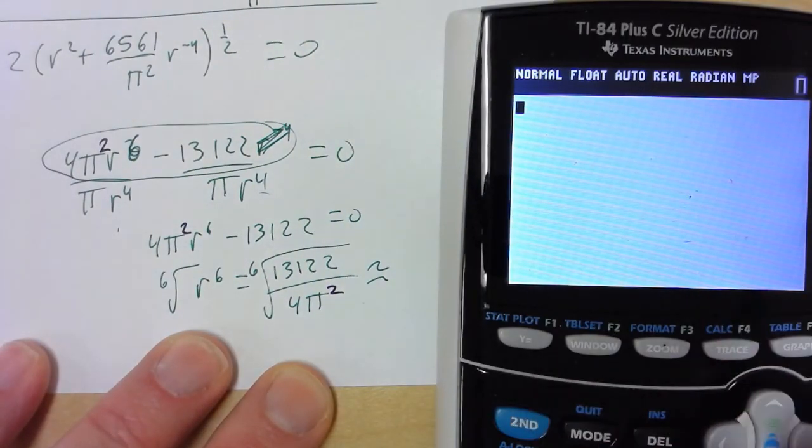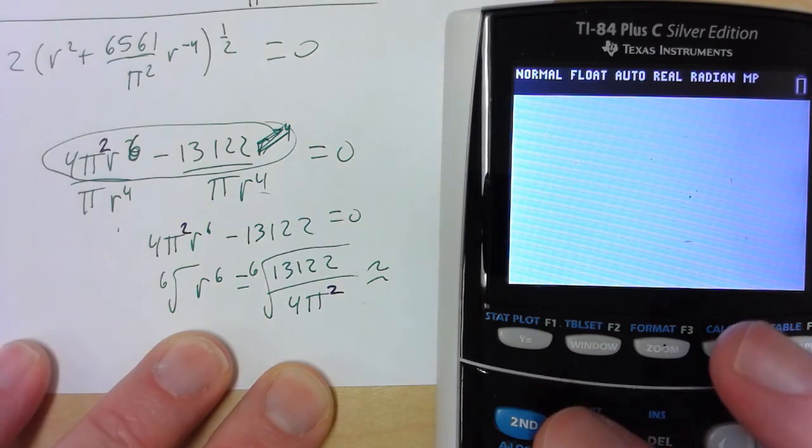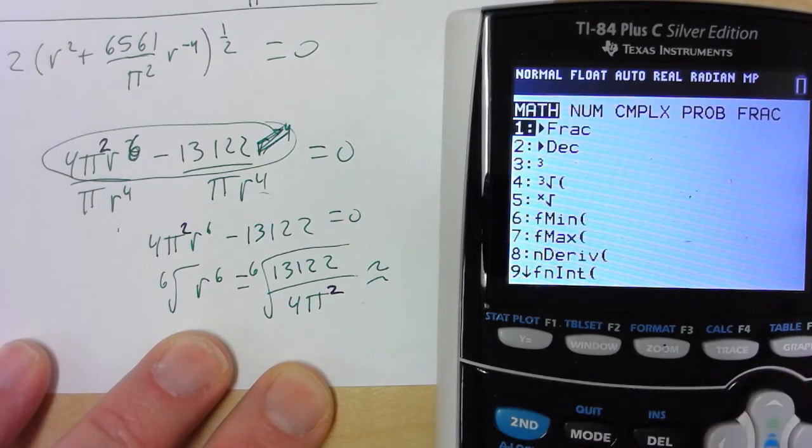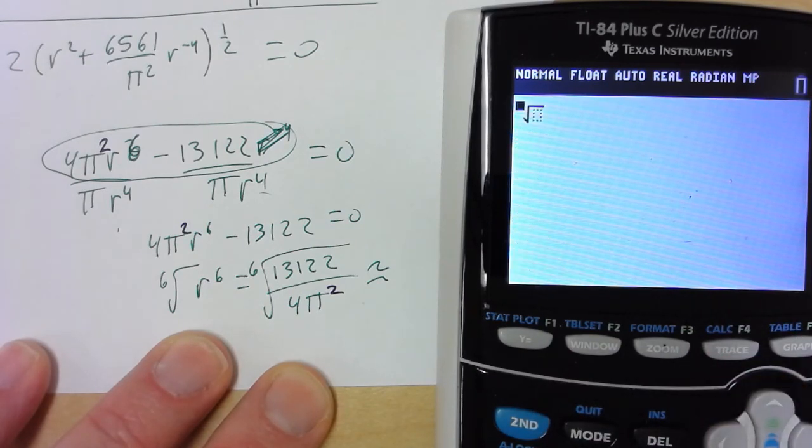So it's the 6th root. Math, root, 6th root, push myself through, 13,122, divided by two things, so put that in parentheses, 4 times pi squared, close parentheses.